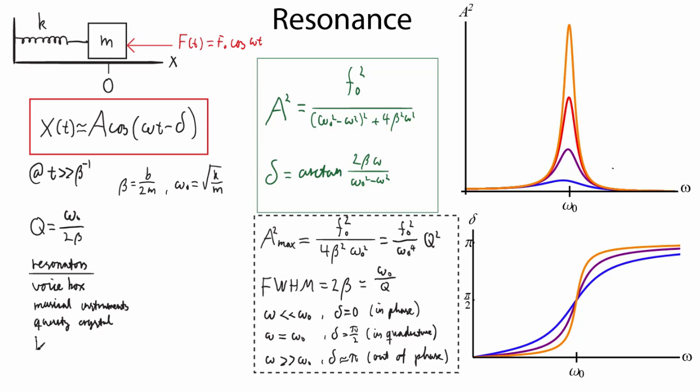Another case of resonators which are less desirable are buildings. You generally want to avoid having resonances in buildings that coincide with something that might excite them, and that's something that architects need to take into account in order to avoid catastrophic failure in a storm or something like that. Atoms can be seen as a case of a resonator.